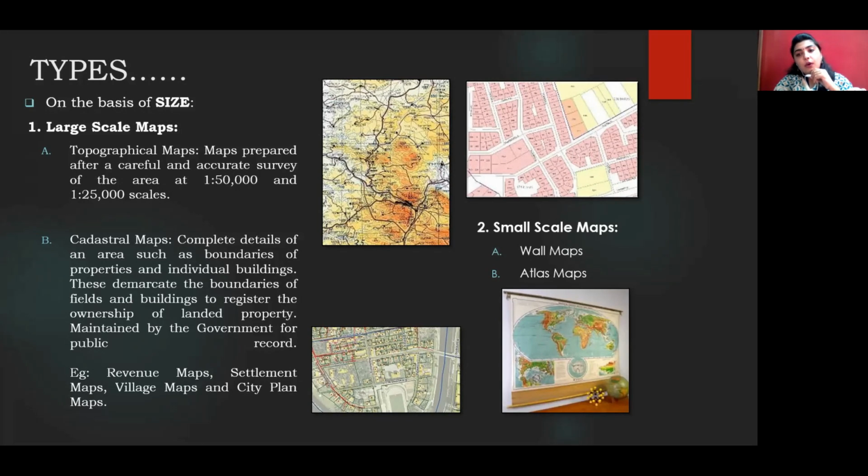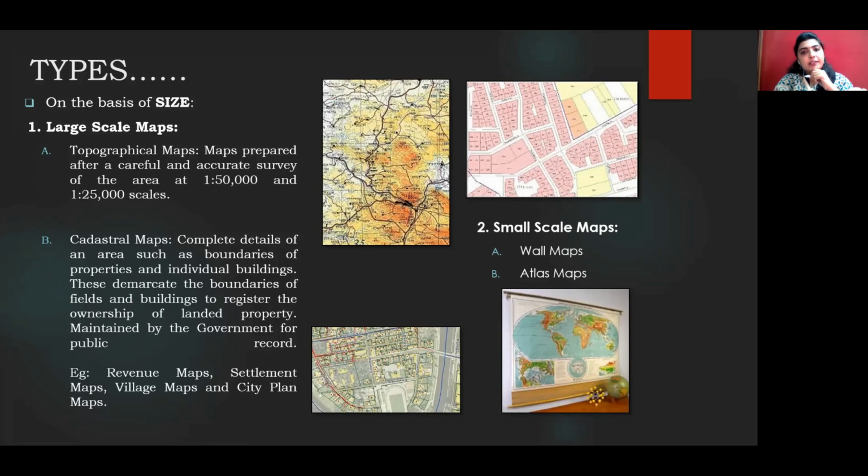When it comes to small scale maps, they are generally wall maps and atlas maps. We've already seen the wall maps that are there in our departments, let's take the geography departments that we have in the universities. They have huge maps. These are nothing but wall maps, which are put on the walls.